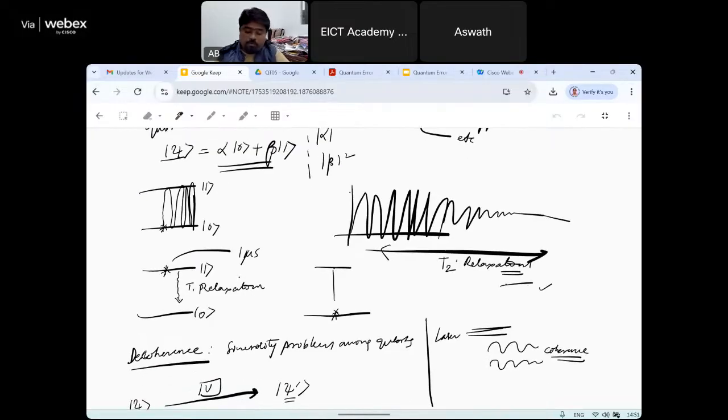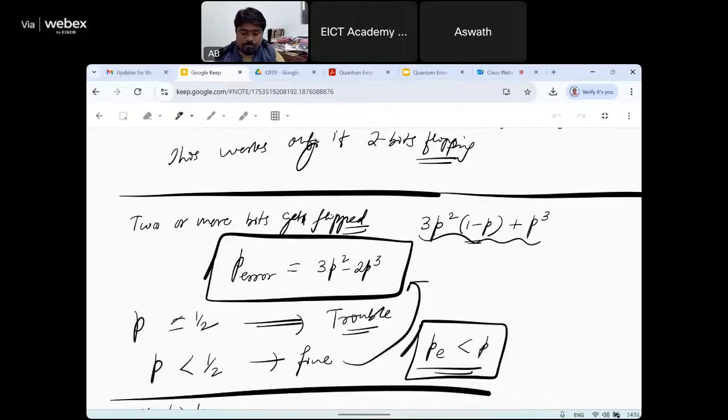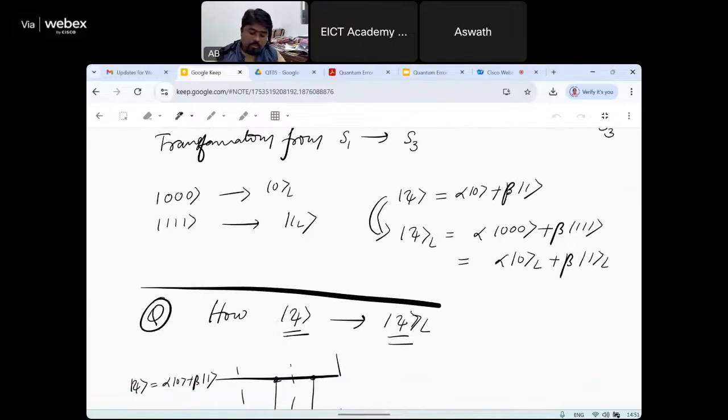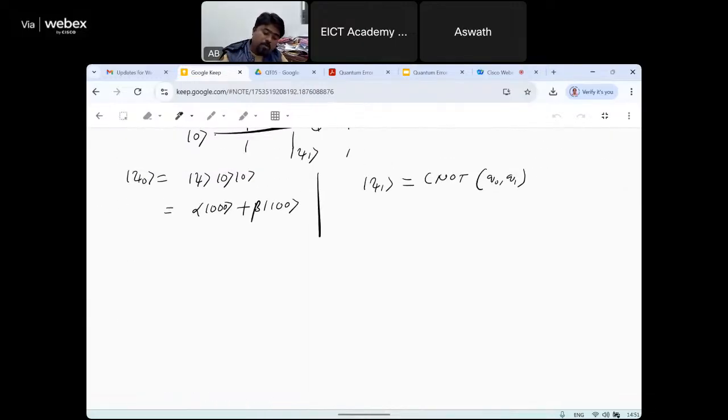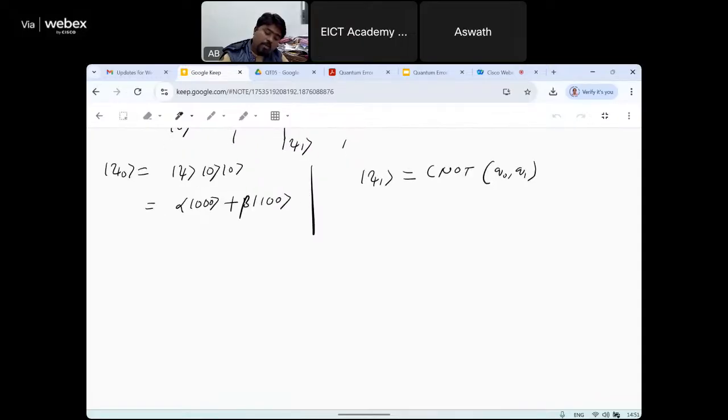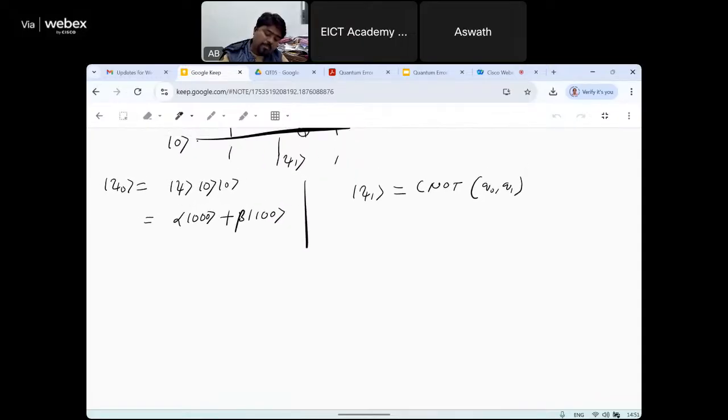So if you do that, you can write the C naught between Q0 to Q1, and the last qubit goes as it is without being manipulated. So psi 1 would be, if you see, the first qubit is 0, so nothing happens to the second qubit. Third qubit intact. First qubit is high, second qubit must be flipped. So beta 1 1 0. Now I got what is the psi 1.